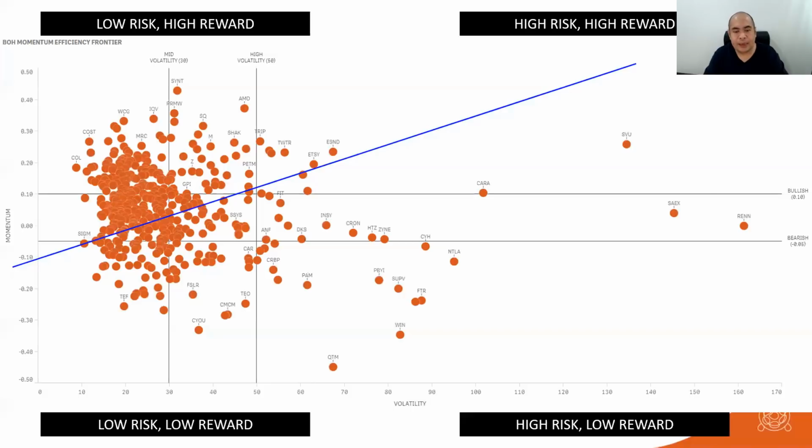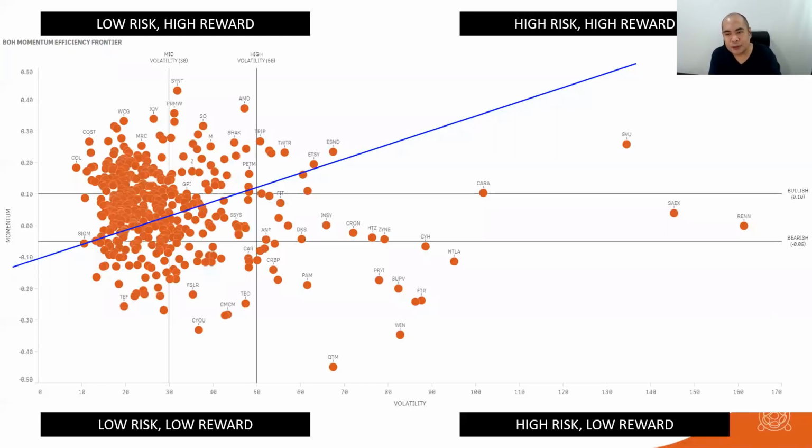For example, you have stocks like WIN, QTM, SAEX, REN that have annualized volatility in excess of 90%. But your momentum metric, based on the way I measure momentum, is less than 10%.